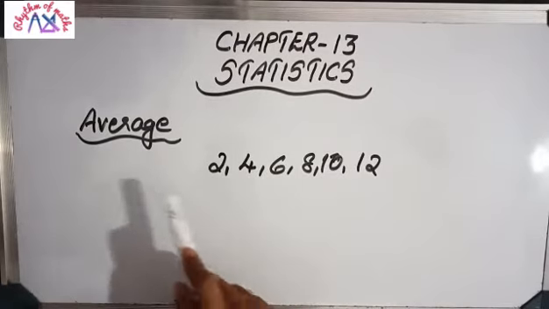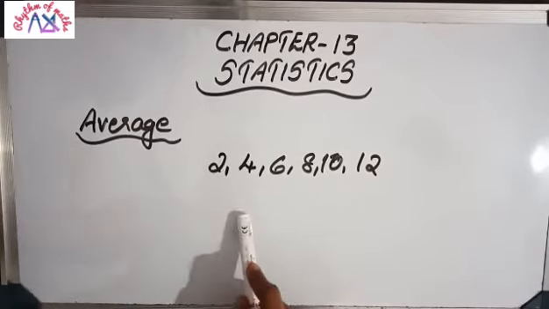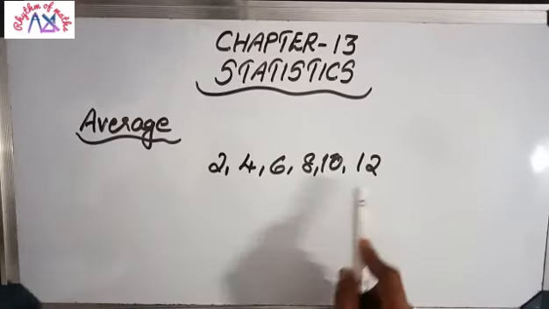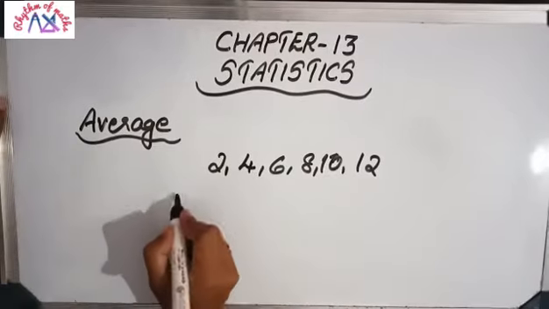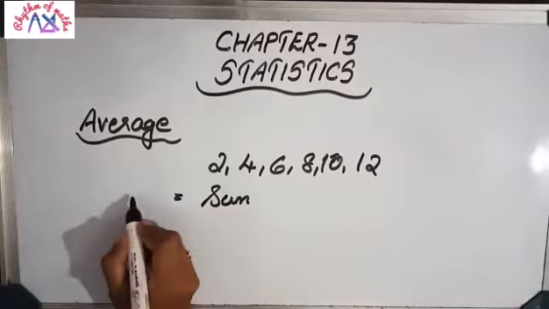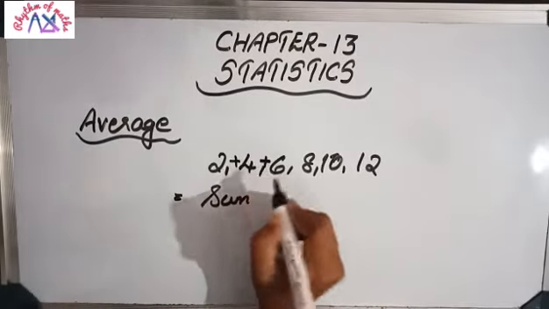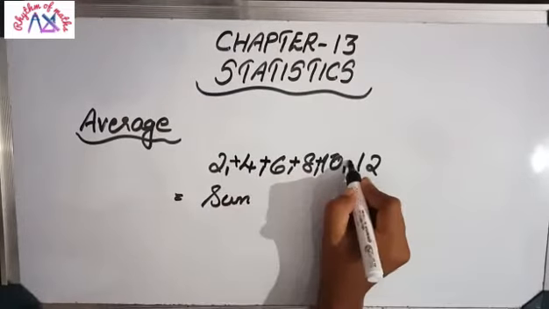To find average, the first step is to find the sum of the given observations: 2 plus 4 plus 6 plus 8 plus 10 plus 12.